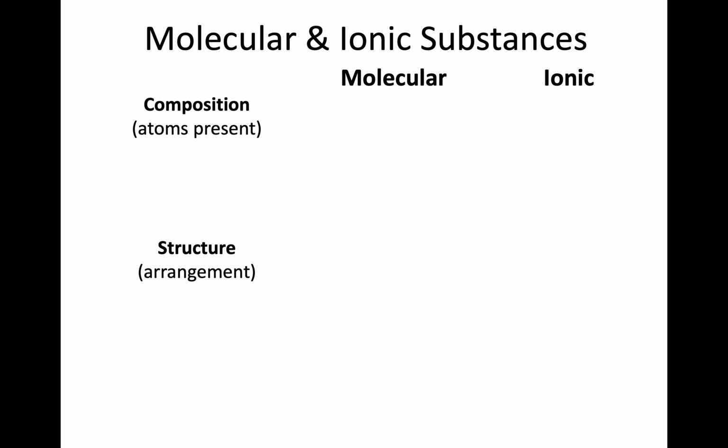So if we're considering molecular and ionic substances, we can describe them based on their composition and their structure, the atoms that are present and how those atoms are arranged. For molecular, we're going to be expecting them to be composed of nonmetals, and for ionic compounds, we're going to be finding a metal cation and a nonmetal anion.